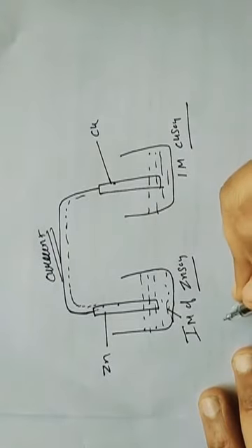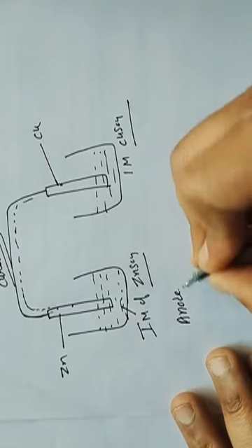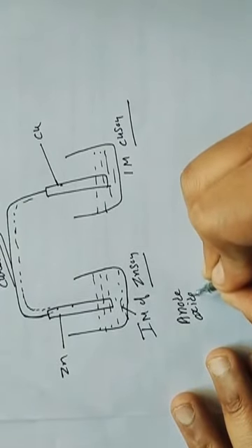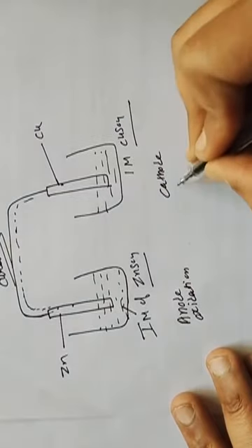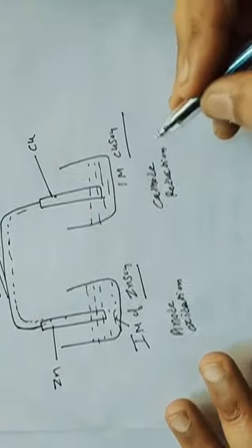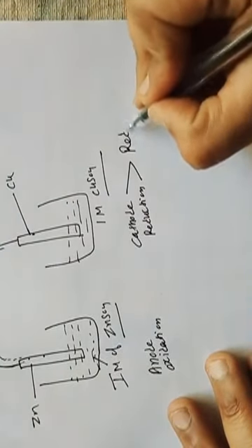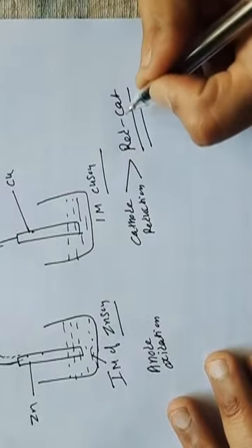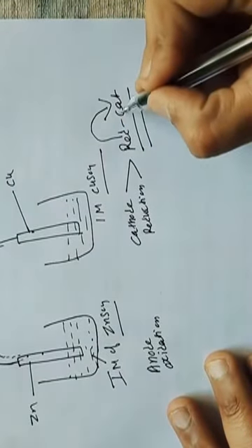We know on the anode oxidation takes place, and on the cathode reduction takes place. And for that, one word we have learned in +1, red cat. Reduction occurring at cathode. So where there is reduction, that electrode is known as cathode.